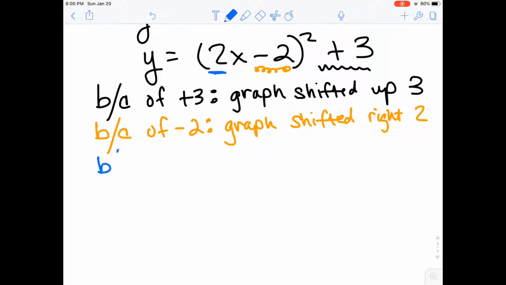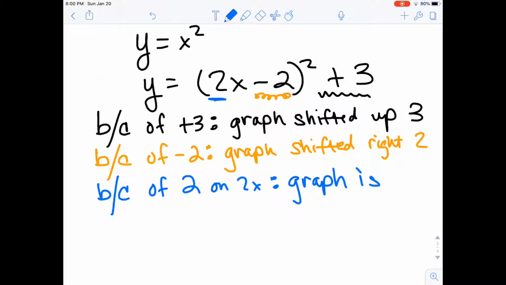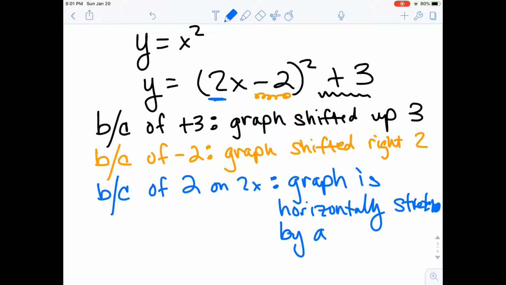Okay, so because of the 2 on 2x, right, the graph is horizontally stretched by a factor of 2.